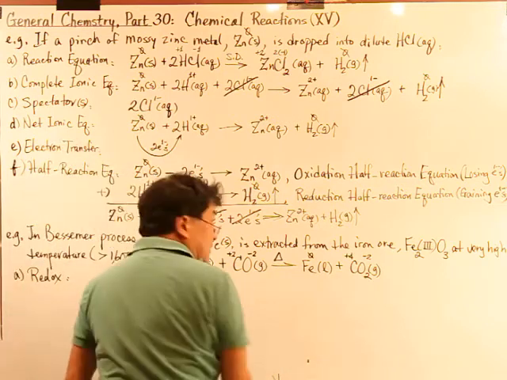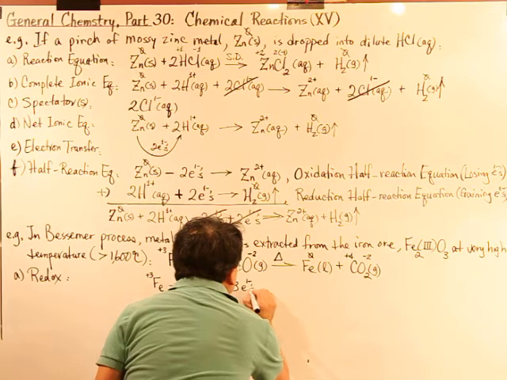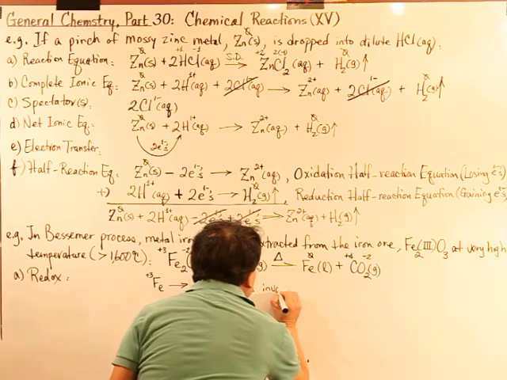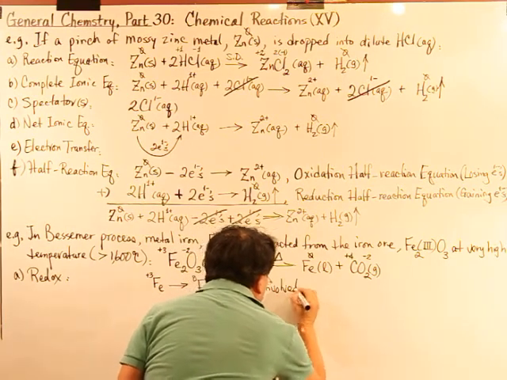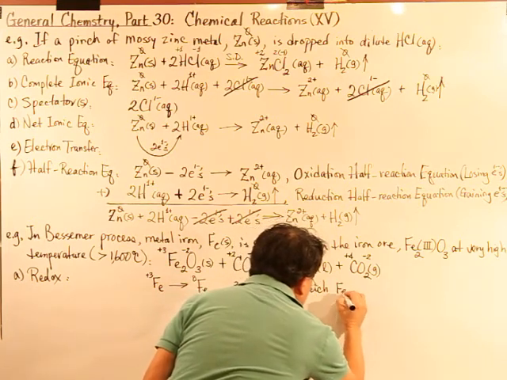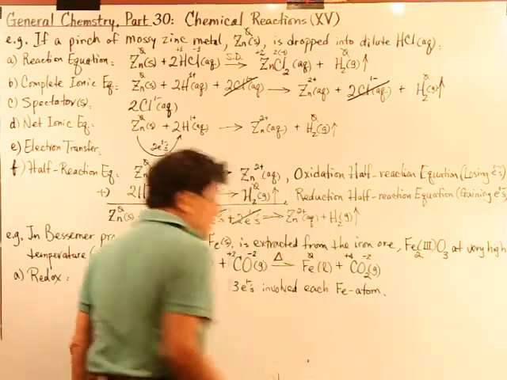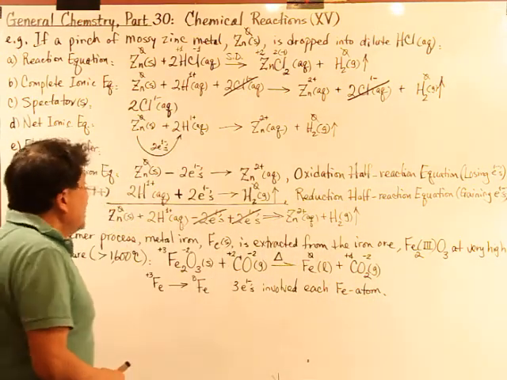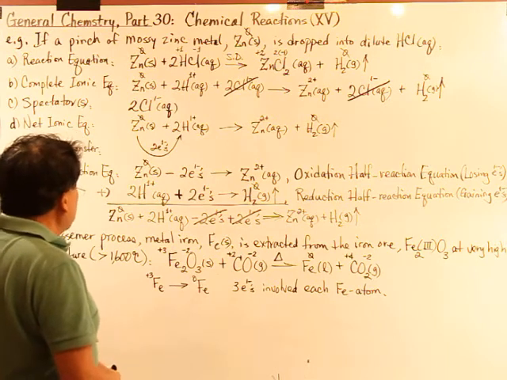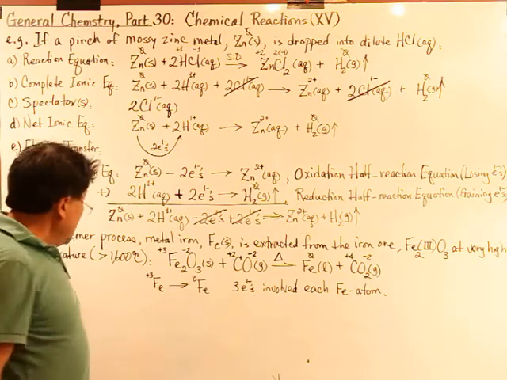So how many electrons are involved? 3 electrons, each Fe atom. Each one will need 3 electrons. Then check the oxygen. The first one is iron, the second is oxygen.